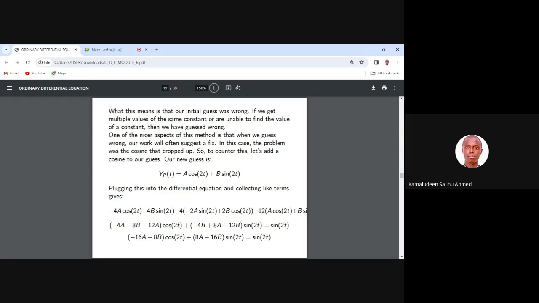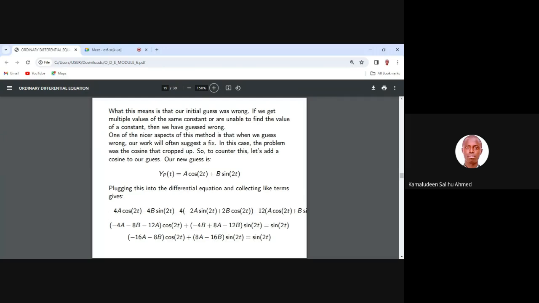So we have minus 4a cos 2t minus 4b sine 2t minus 4 into minus 2a sine 2t plus 2b cos 2t. I think the line is not enough for it, it was compressed here.